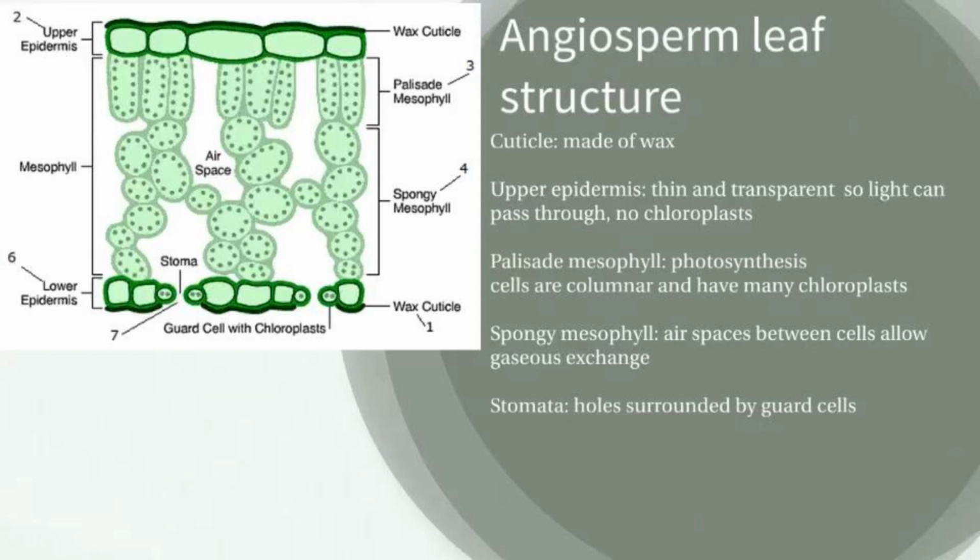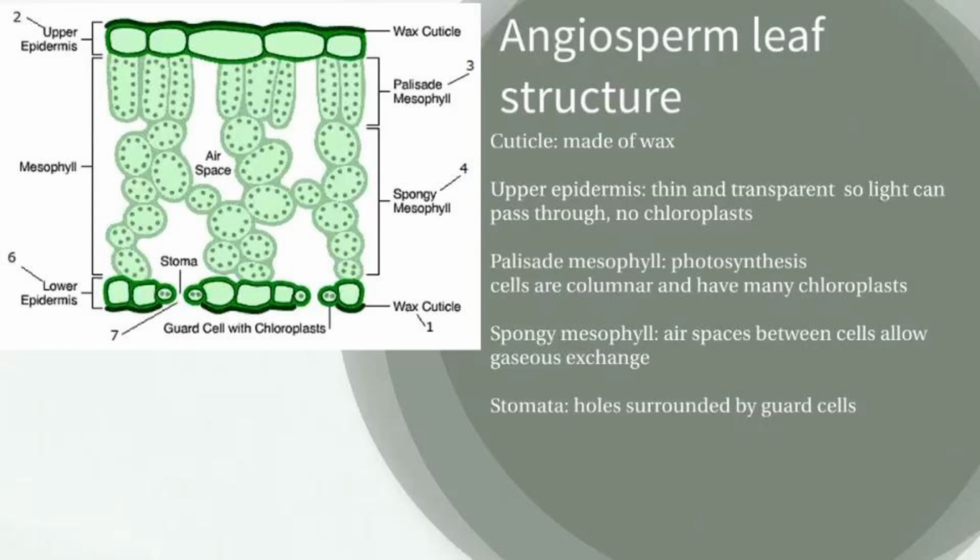And then directly below that, we then have the lower epidermis, which again acts as a protective layer. And in the lower epidermis, we have these things called stomata. So there's a single stoma, and either side of it are guard cells. And the stoma allow regulation of water loss via transpiration from the plant.